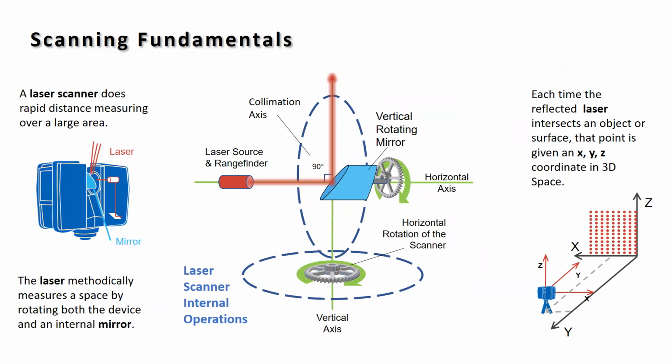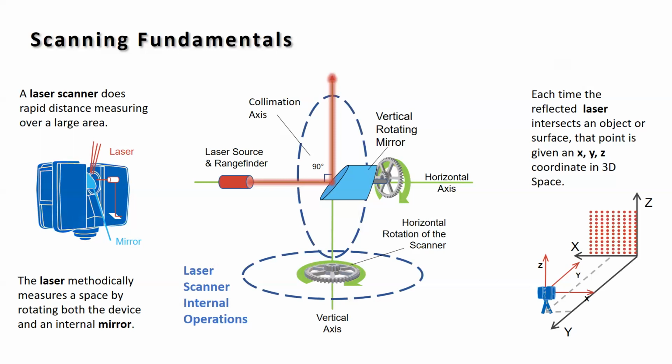It's collecting about 1 million points per second. So then this rotates, so it's shooting like this and just keeps going like this.